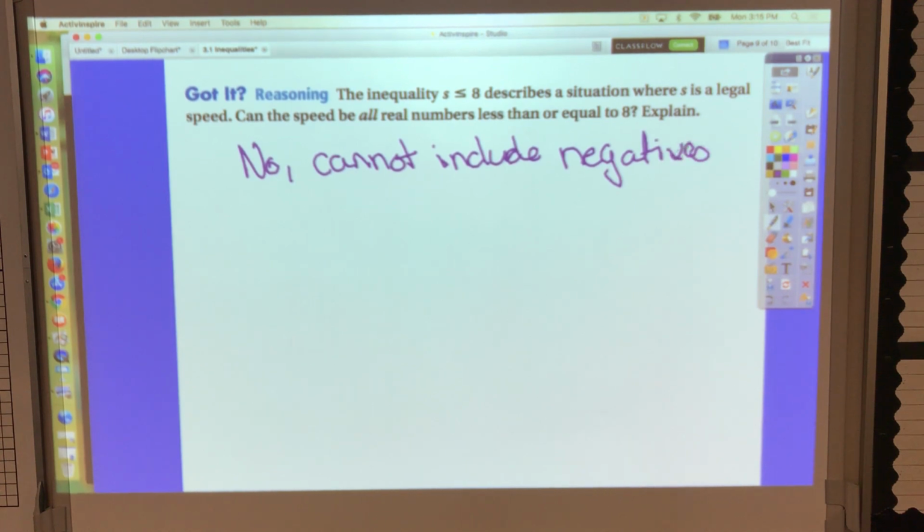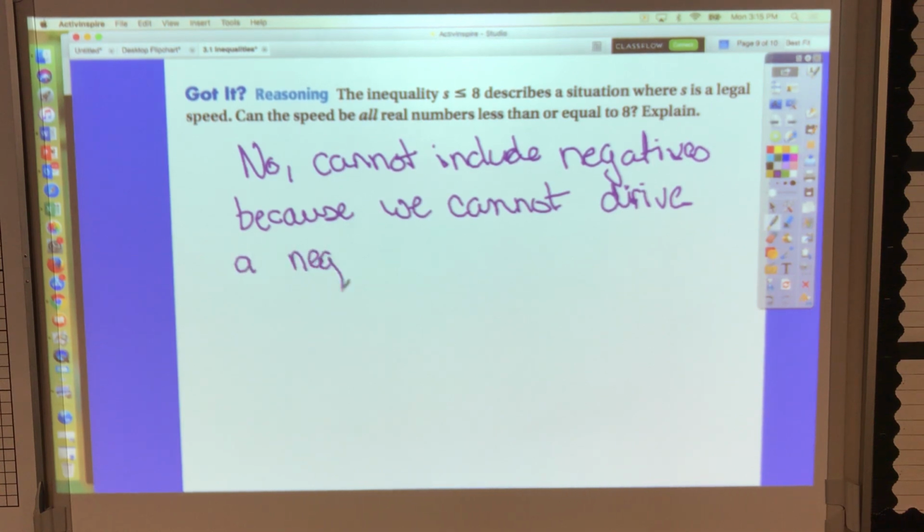So no, it cannot include negatives because we cannot drive negative miles per hour. Again, that's only true because it was a word problem. This is our less than or equal to symbol, so it could be less than or equal to 8 if it wasn't a real life problem.